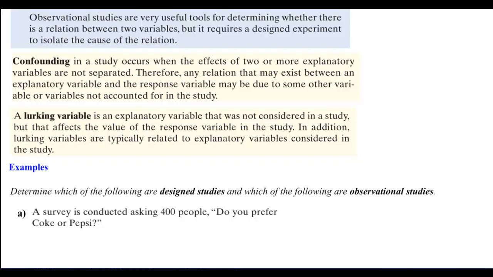So one of the best examples of this is smoking and cancer. So for so many years, they could not actually say that smoking caused cancer. They could only say that there was a very strong relationship between people who smoked and the number of people getting lung cancer. But because that was an observational study, they couldn't say that it caused it.